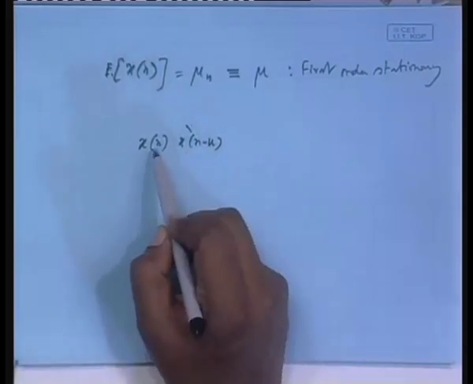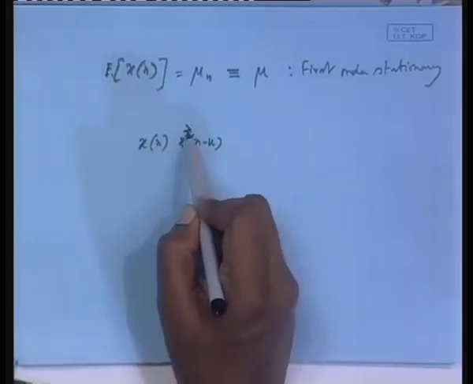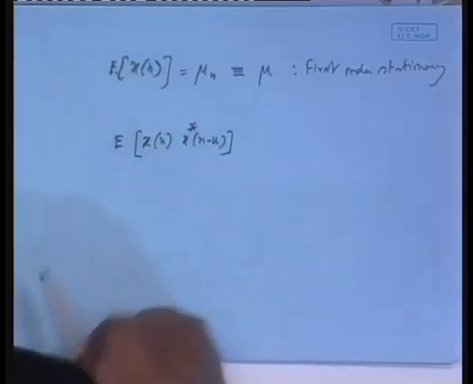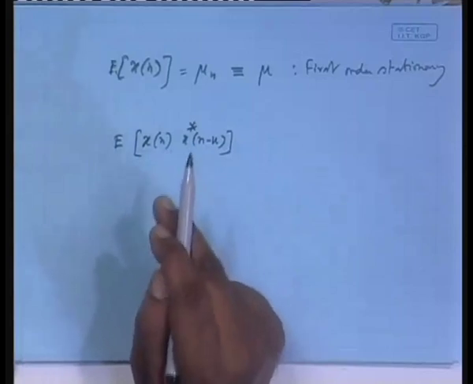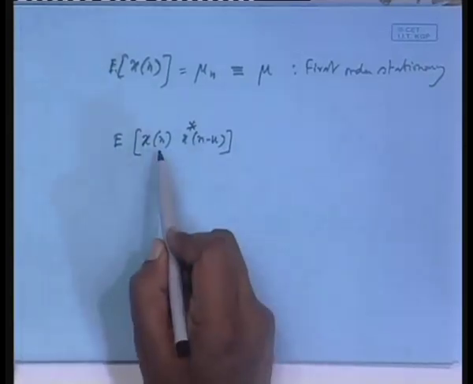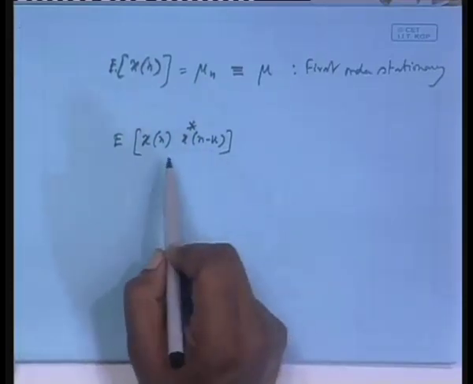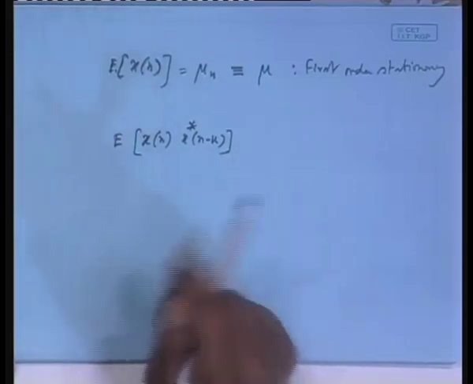So, first guy, second guy with a star if in general they are complex, and take an expectation. So, this quantity in general should depend on the two indices, n and k.